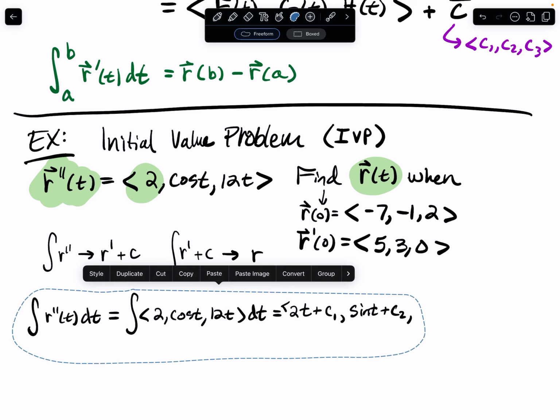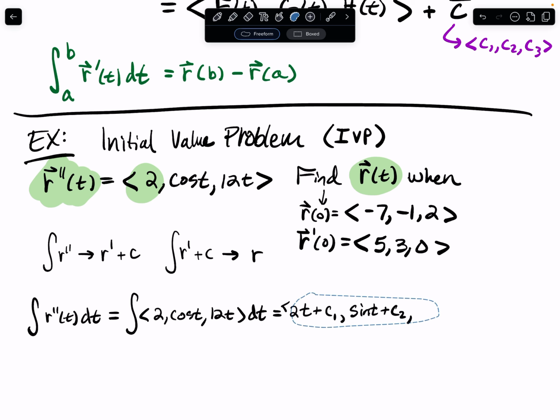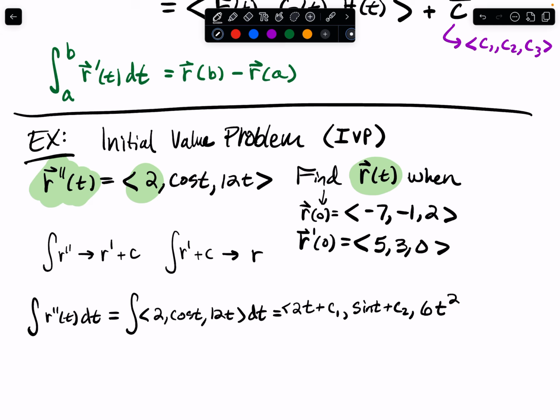Okay, let's try this. Okay, that's fine. And then the integral of 12t, add 1 to the exponent, t squared divided by 2 gives me 6t squared plus c3.